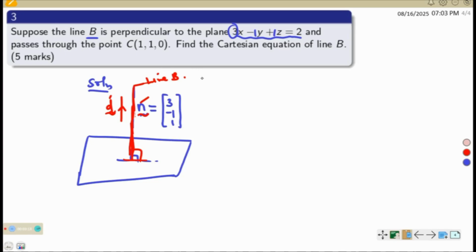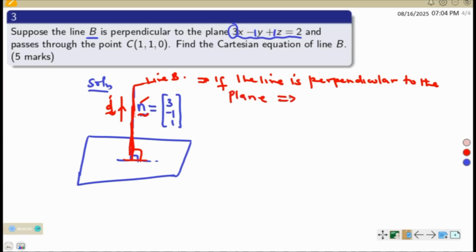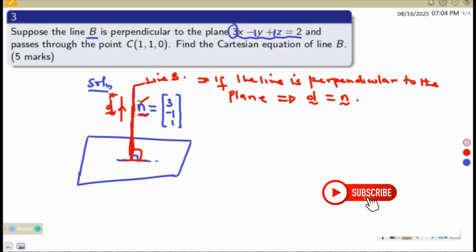So we come to a conclusion which says that if the line is perpendicular to the plane, then it implies that its direction vector D is actually equal to the normal vector N. So we are saying that this D and this N are actually equal.